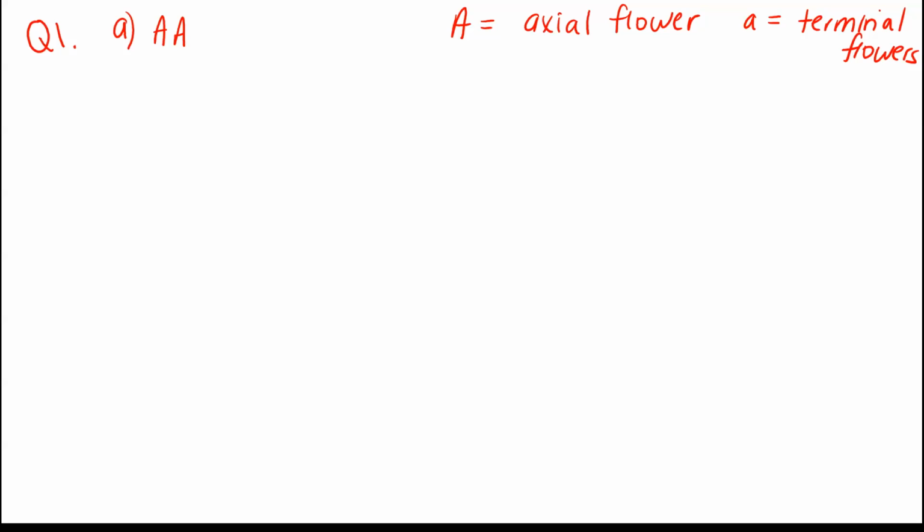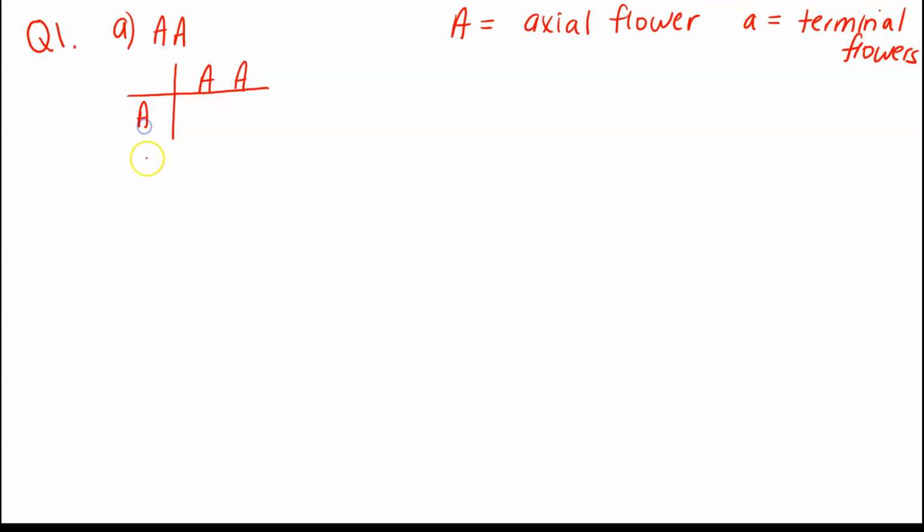Okay, and if the parents are this double A homozygous dominant genotype, which is big A, they're both going to have the same genotype.